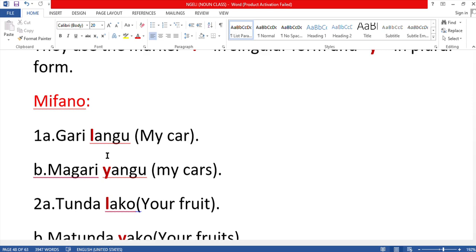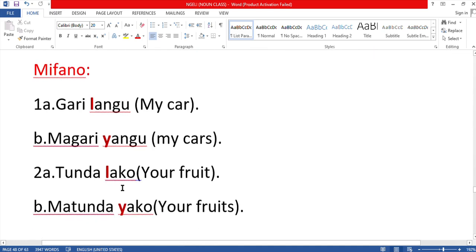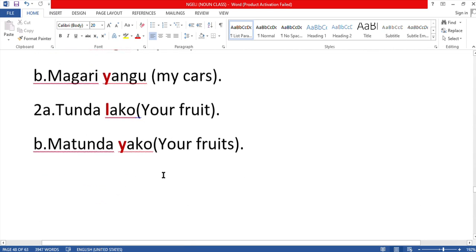These are my cars. Tunda lako, your fruit. Matunda yako, your fruits.